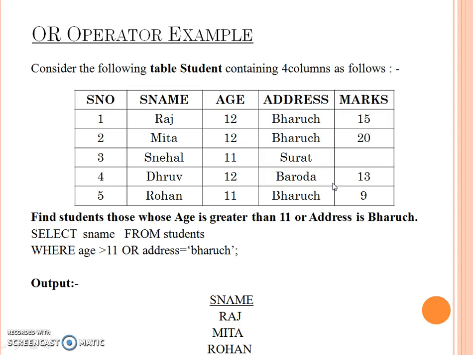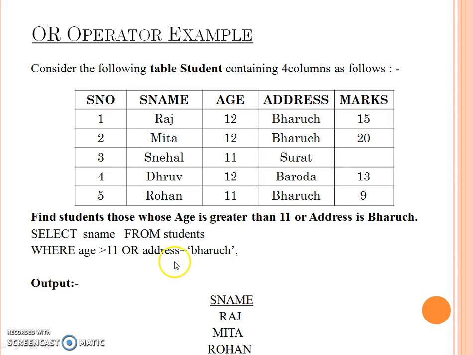Let us consider an example for the same table: S number, S name, age, address and marks. Now if I want to find out the students whose age is greater than 11 or their address is Bharuch, the query is as follows: select S name from the students table where age is greater than 11 or they are living in Bharuch.